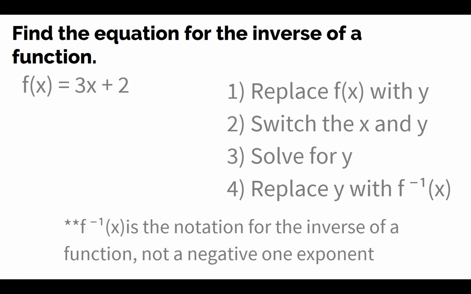And then step 4, you're going to change your notation back, but instead of f of x, it's function inverse notation. So f to the -1, it's not an exponent. That's the inverse notation. So f of x shows your original. Inverse of f shows the inverse afterwards.